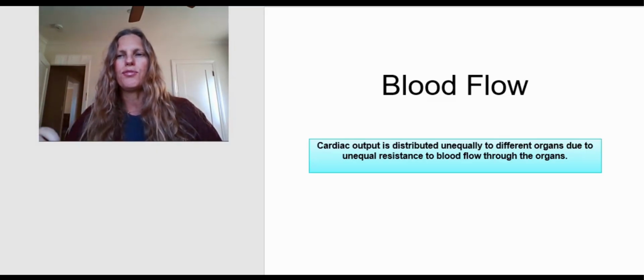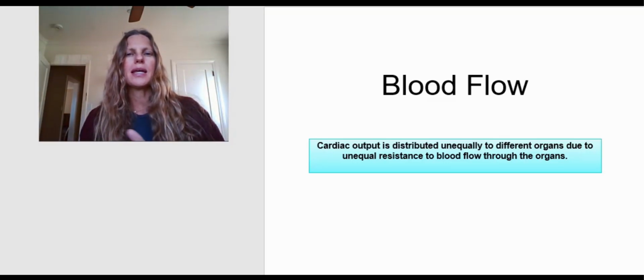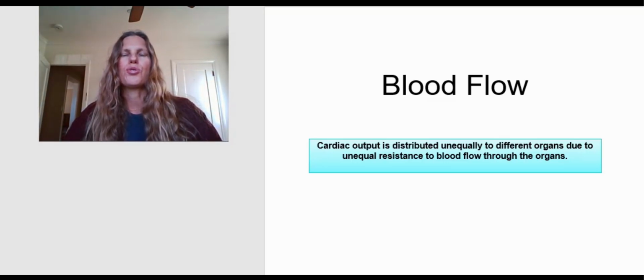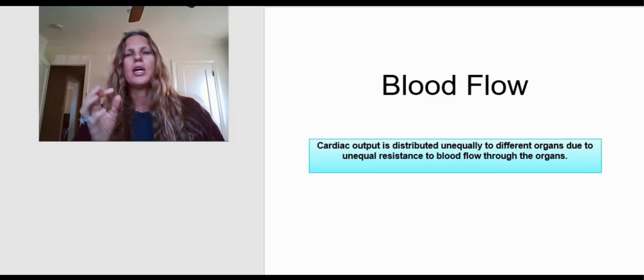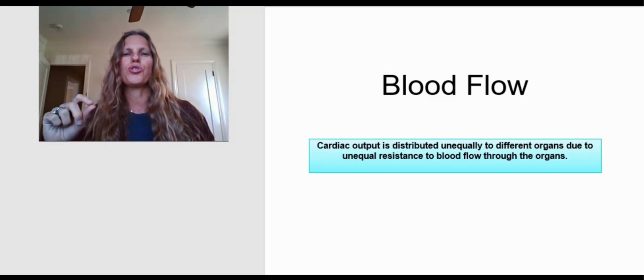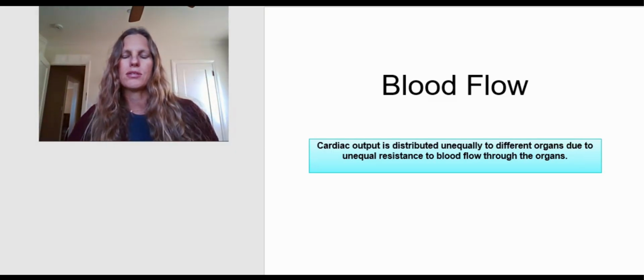So we're going to talk about blood flow, and we're going to talk about factors that alter resistance. Resistance just is anything that impedes the flow. So the higher the resistance, the lower the flow. So if we're trying to control how blood flows through the body, the best way we can do that is control the resistance in certain areas, because that would decrease flow in that area and then send it someplace else.